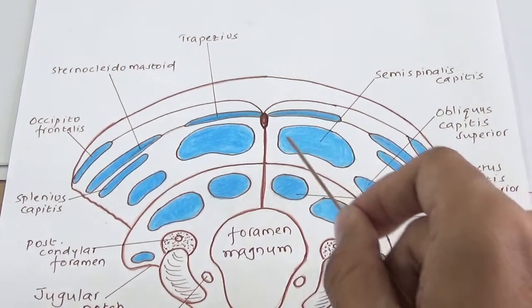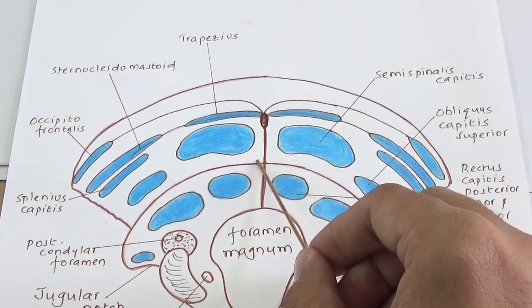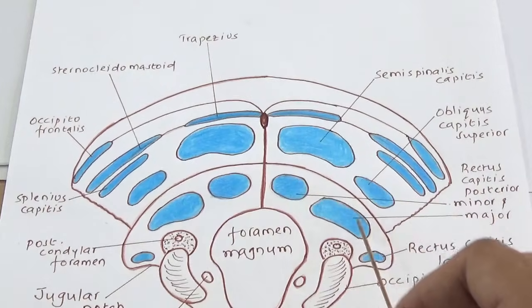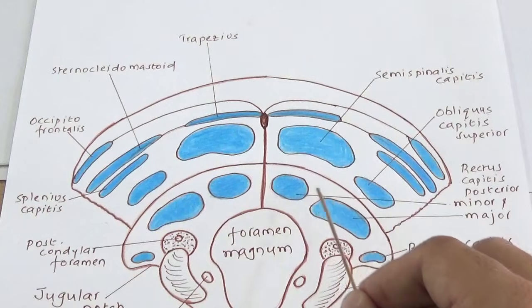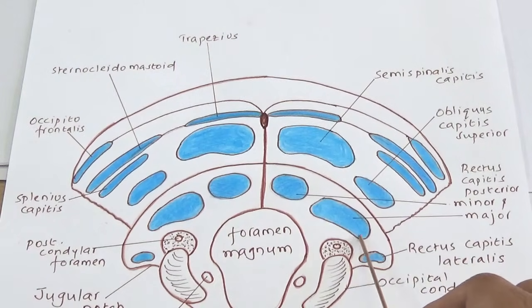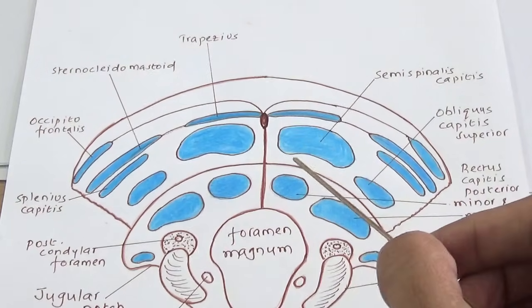These are muscles related to the suboccipital triangle. Similarly, the external surface below the inferior nuchal line medially provides attachment to rectus capitis posterior minor and laterally to rectus capitis posterior major. Again, these muscles are related to the suboccipital triangle.